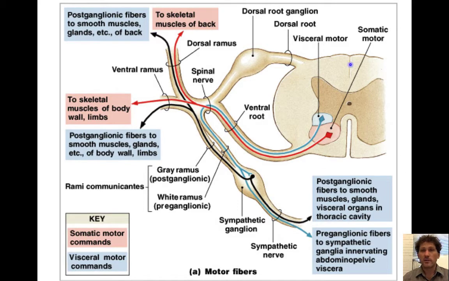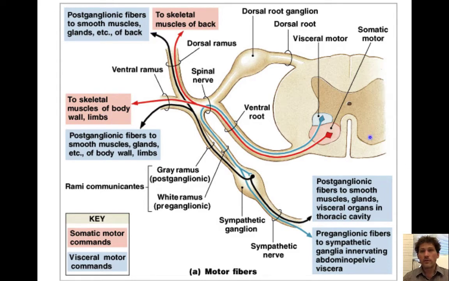So here's that spinal cord, and we are integrating a couple of different units here. Remember, we've got those visceral motor outputs, so our autonomic nervous system that's taking branches out to our sympathetic nerves. We have our parasympathetic responses as well. But what we're going to be looking at is that somatic motor output, coming out of that anterior horn and going out through that anterior or ventral root, and then branching out to different regions of the body and going into those skeletal muscles in our back, or maybe in the muscles of our body or our limbs.